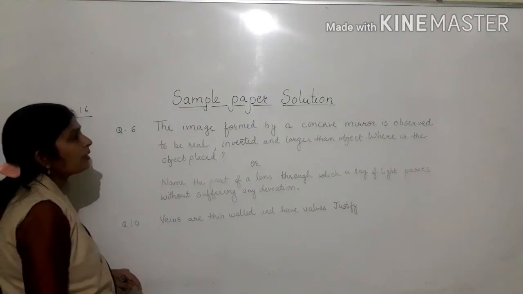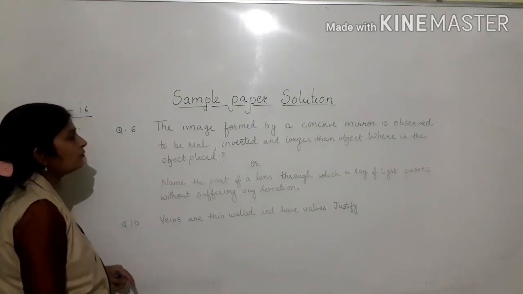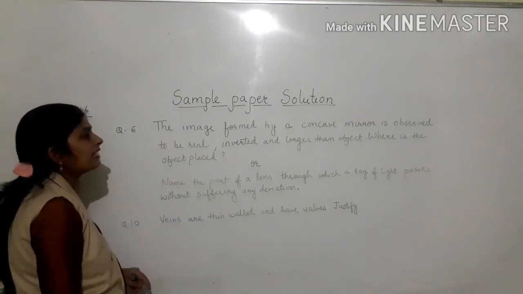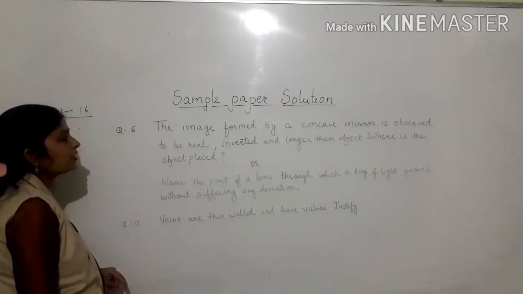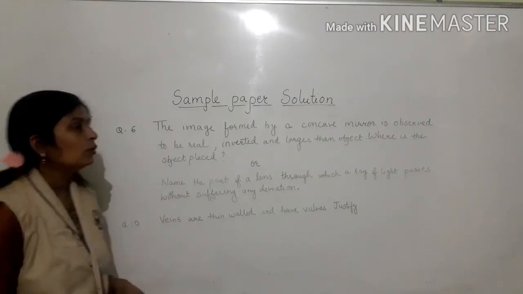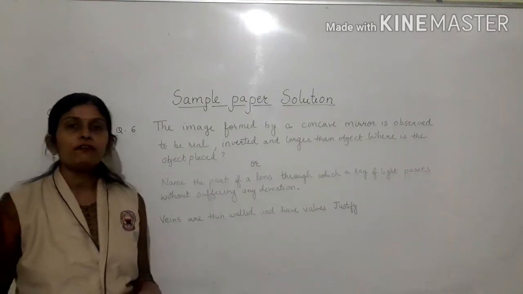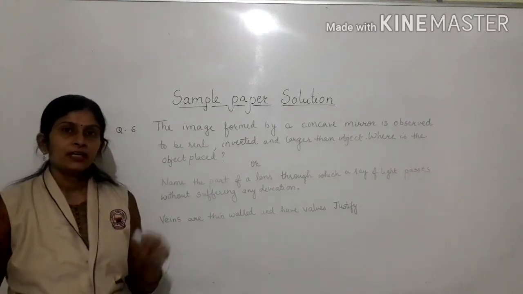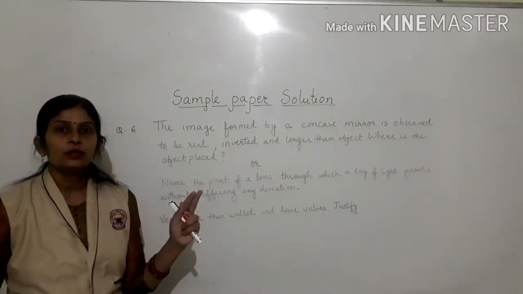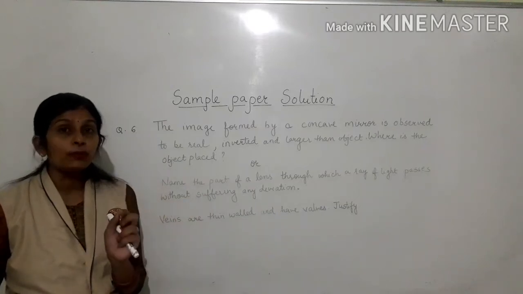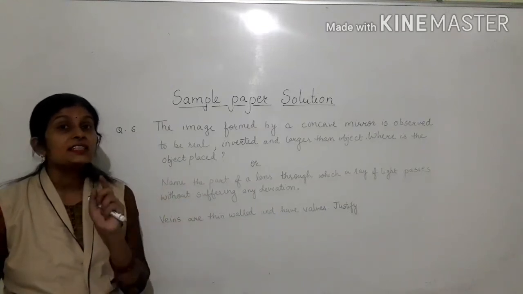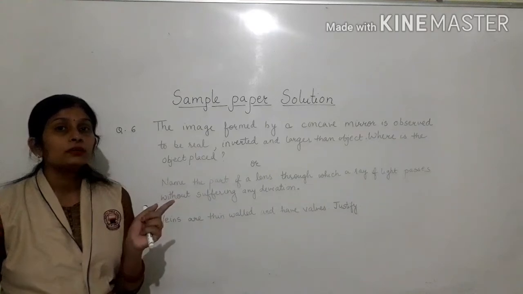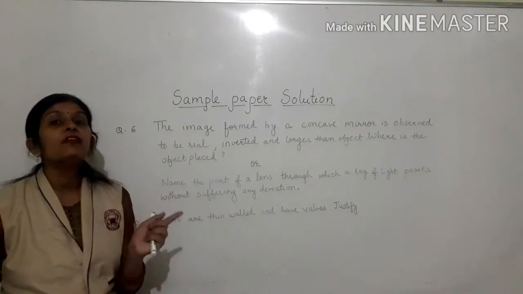Number 6. The image formed by a concave mirror is observed to be real, inverted and larger than object. Where is the object placed? So, in front of a concave mirror, there is an object whose image is formed that is larger than the object, real and inverted.